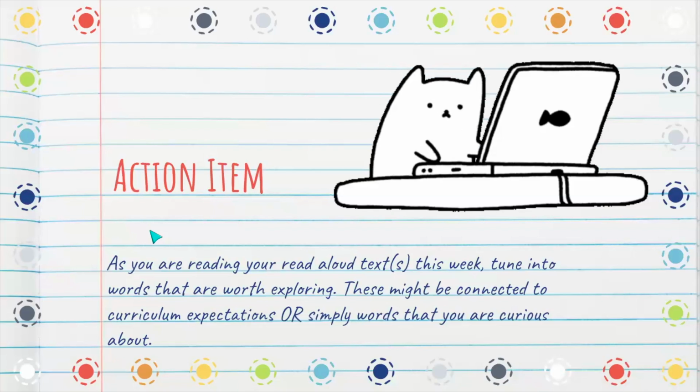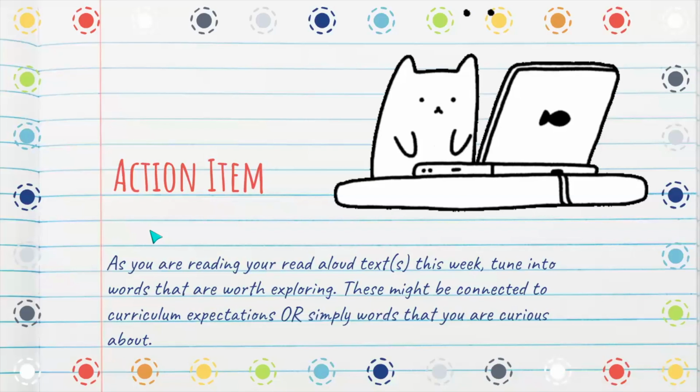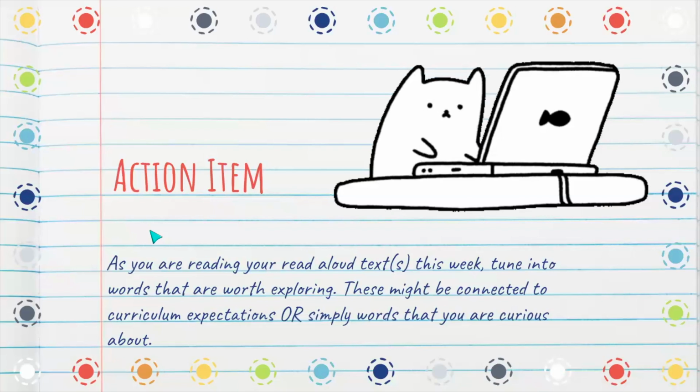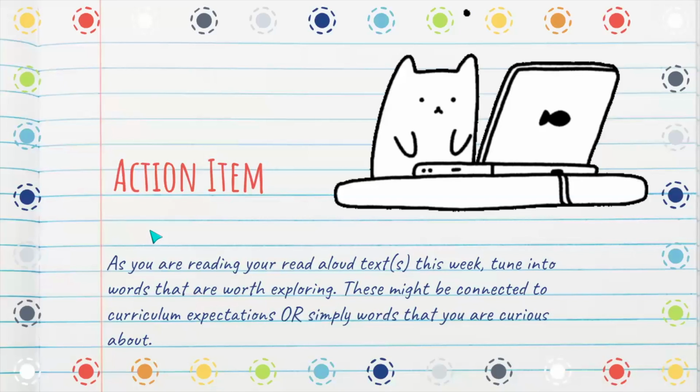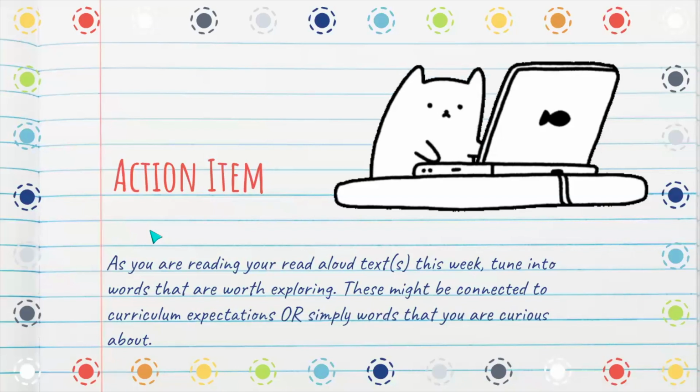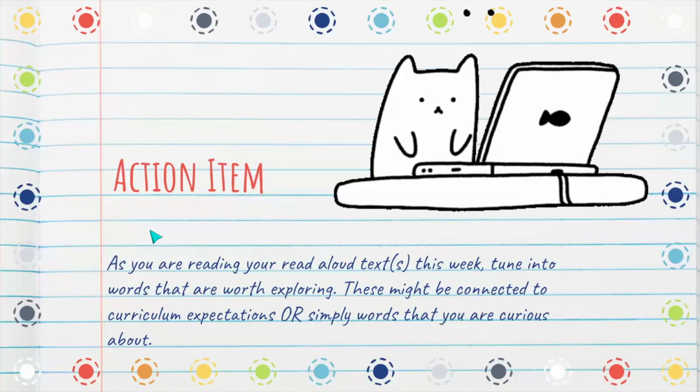So as you're thinking about the books that you read this week, tune into words that are worth exploring. They could be words connected to curriculum pieces like ER and EST in grade 2, or just words that you're curious about. Like, I've never thought about why that word is spelt that way. Why does ptarmigan have a P at the beginning? I don't know. Let's go do some investigating, or let's write it down and investigate it later.